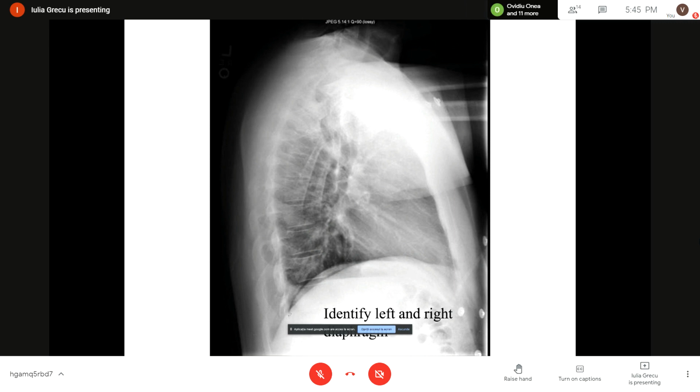So we can easily follow the left diaphragm right behind the heart, and from this point on it's slightly obscured by the opacity of the heart. On the other hand, the right hemidiaphragm can be followed on all its length from posterior to anterior, because it's not obscured by any other structure.